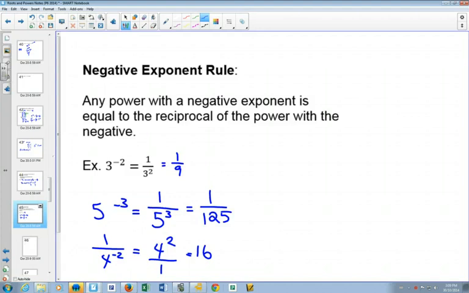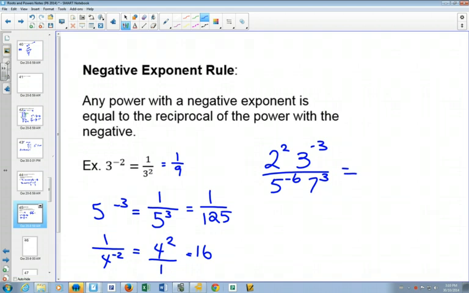Now, if you had multiple negative exponents, along with some things that weren't negative exponents, 2 squared, 3 to the negative 3 over 5 to the negative 6, 7 cubed. Okay, you gotta flip them.